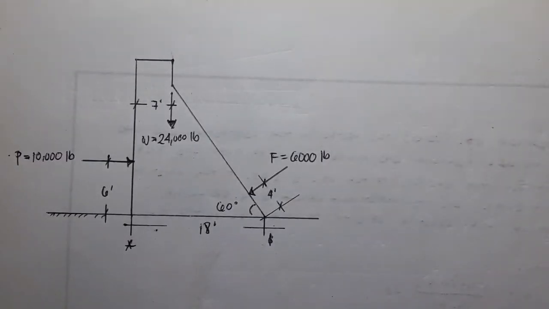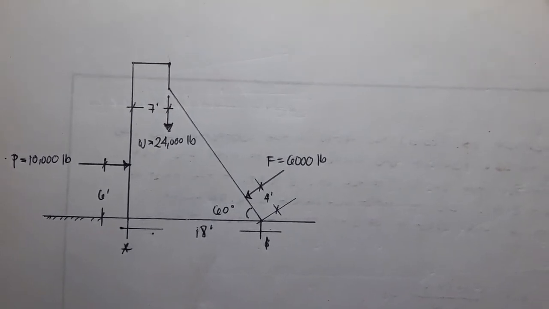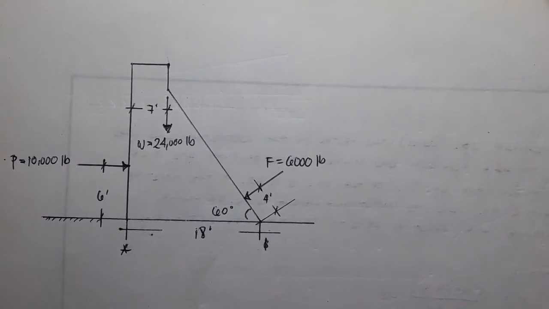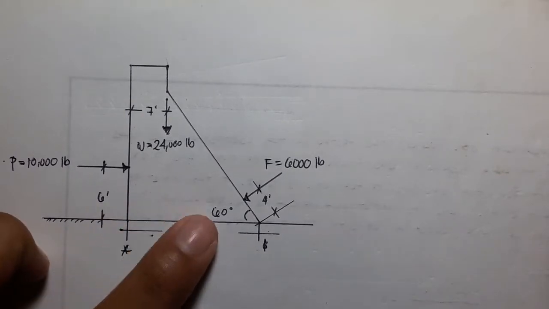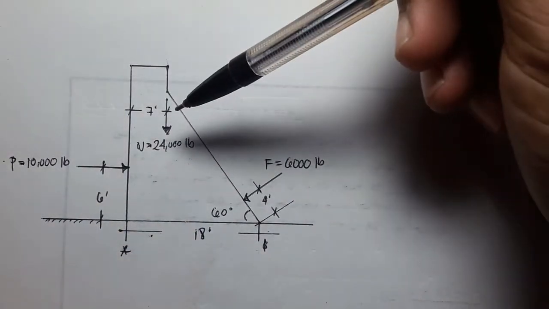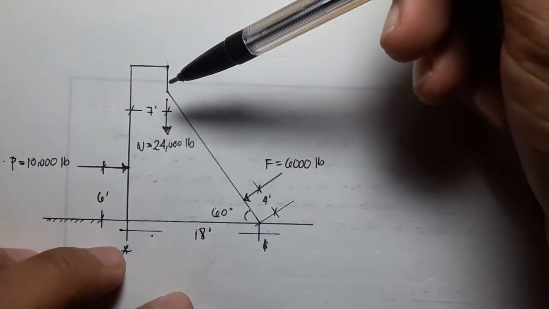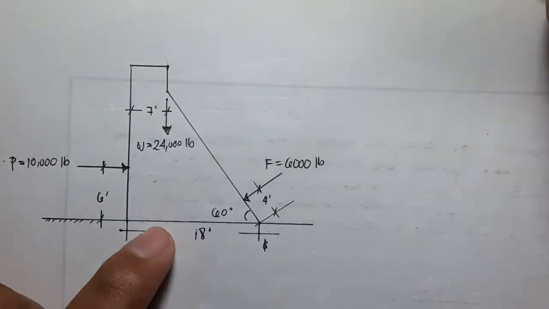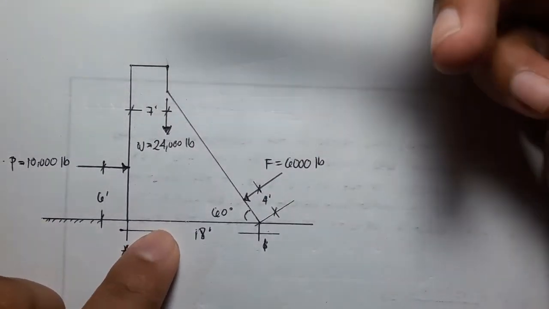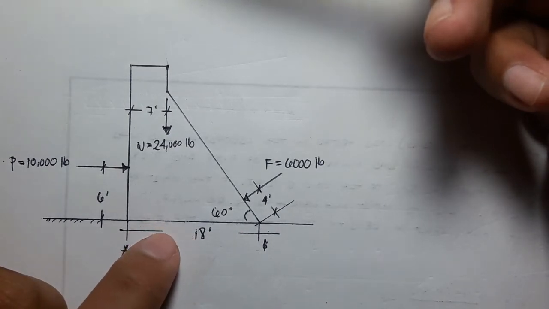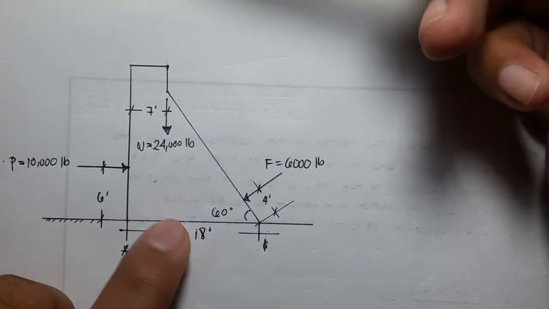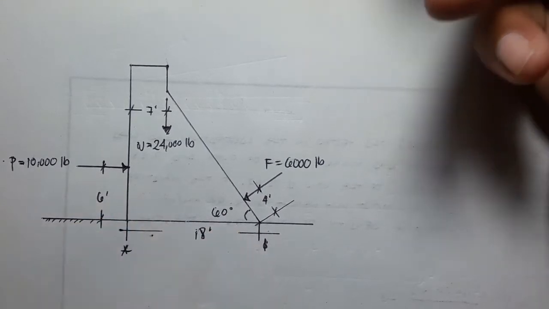I already drew the problem, so we can start solving it. The problem asks us to solve for the resultant, locate it, and prove that it is within the middle third of the base.